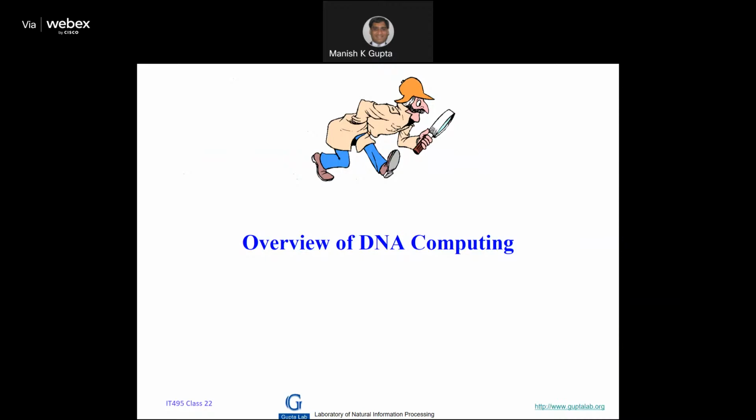Finite automata, then pushdown automata, then Turing machine, and there was another one in the middle. Total four types of machines. Finite automata, DFA, NFA, all those things. Then pushdown automata, which has one stack memory. Then linear bounded automata, and then Turing machine.